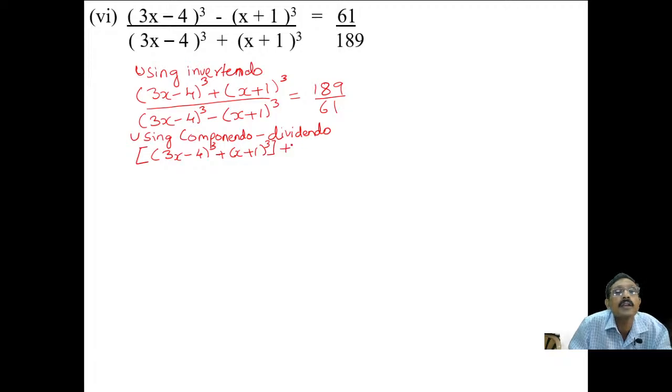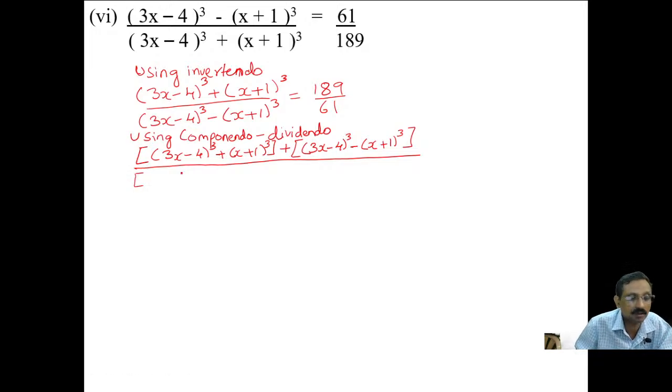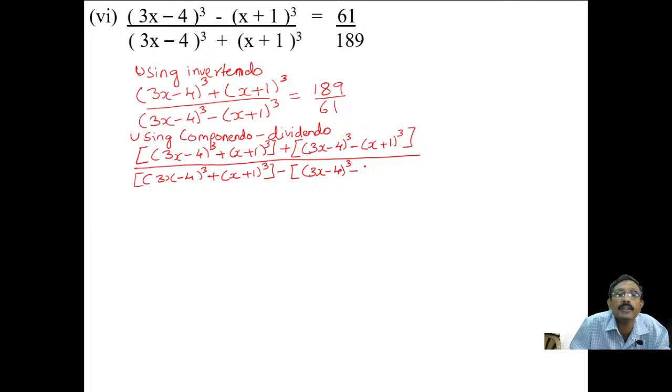So plus, we'll take this (3x minus 4) cube minus (x plus 1) cube, upon, now what will come over here? (3x minus 4) cube plus (x plus 1) cube, and since we are using componendo and dividendo here, I'll get here minus (3x minus 4) cube minus (x plus 1) cube.